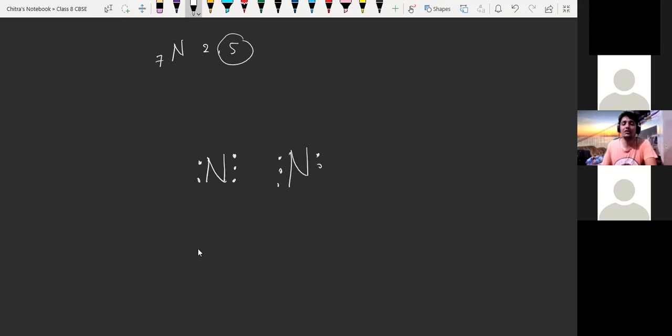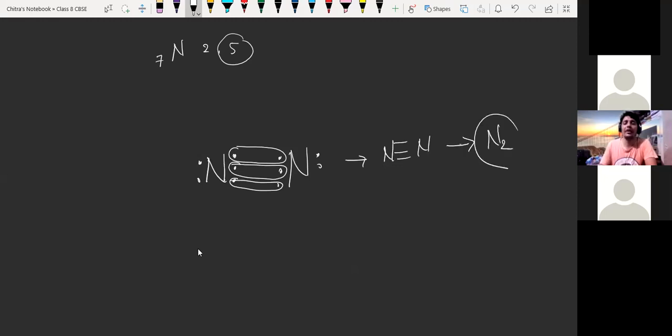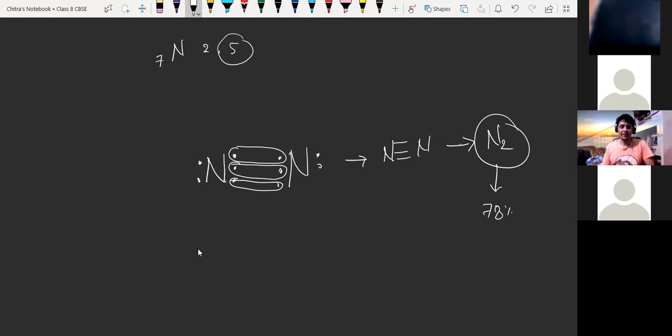One nitrogen atom shares 3 pairs of electrons with another nitrogen atom. So between nitrogen and nitrogen we have a triple bond, and we represent it as N2. About 78% of our atmospheric volume is nitrogen alone.